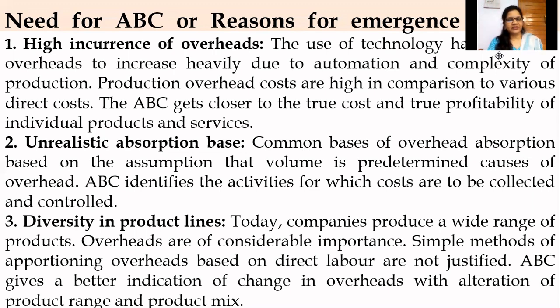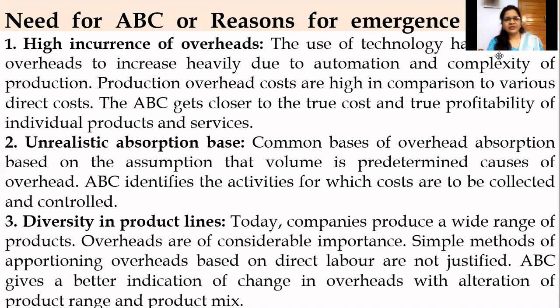In the traditional or conventional method, whatever overhead costs are collected were directly allocated to the product or services using two or three common bases, that is machine hours, labor hours or the direct labor cost method. Under this method we used to allocate the overhead to the product or service, which is unrealistic.